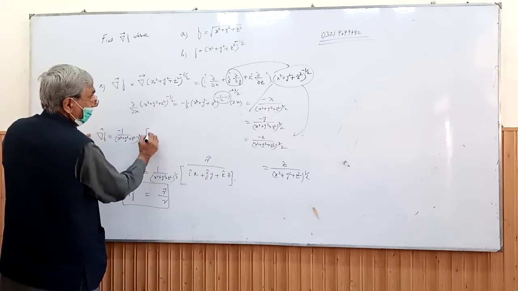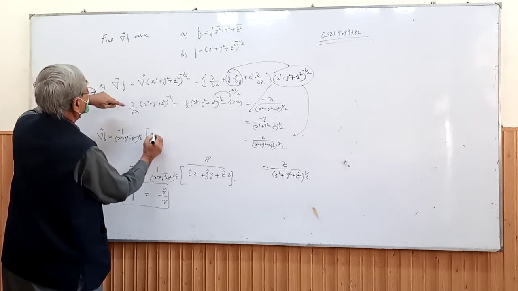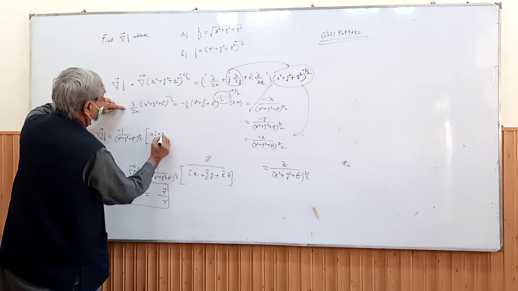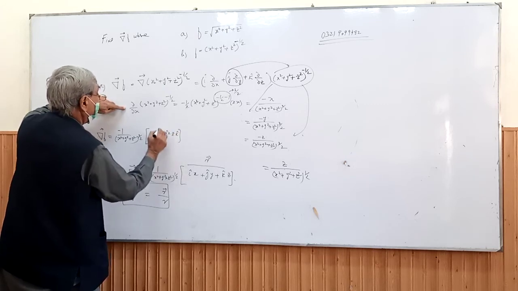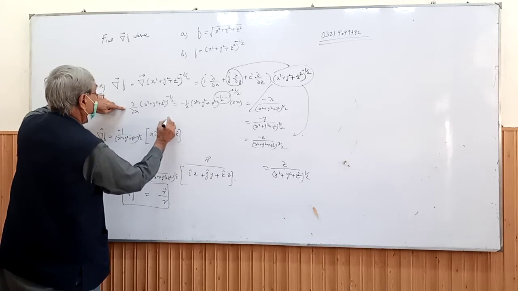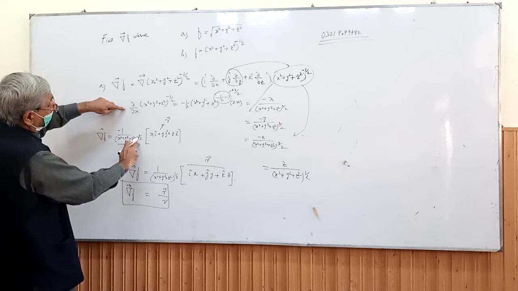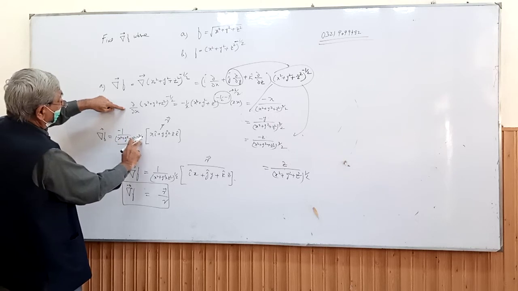Inside you will have xi plus yj plus zk, and this is r. This is r cube, because (x square plus y square plus z square) raised to 1 over 2 is r.